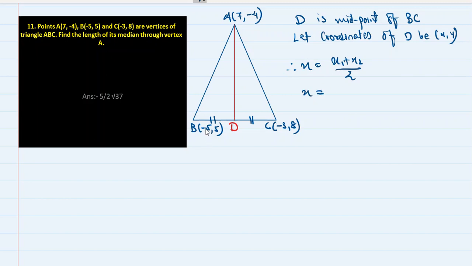What is x1? x1 is minus 5, right? D is the midpoint of BC, so we'll take x1, x2 from here, not from A. This has nothing to do with A when you apply the midpoint formula to BC. So x2 is minus 3. So X is equal to minus 8 by 2, so X is equal to minus 4.